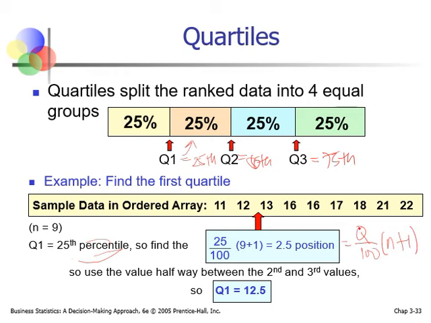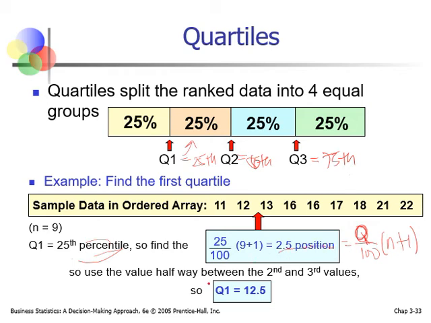The quartile value is constant, either 25, 50, or 75. So we have 25 divided by 100 times 9 plus 1, which gives the 2.5 position.